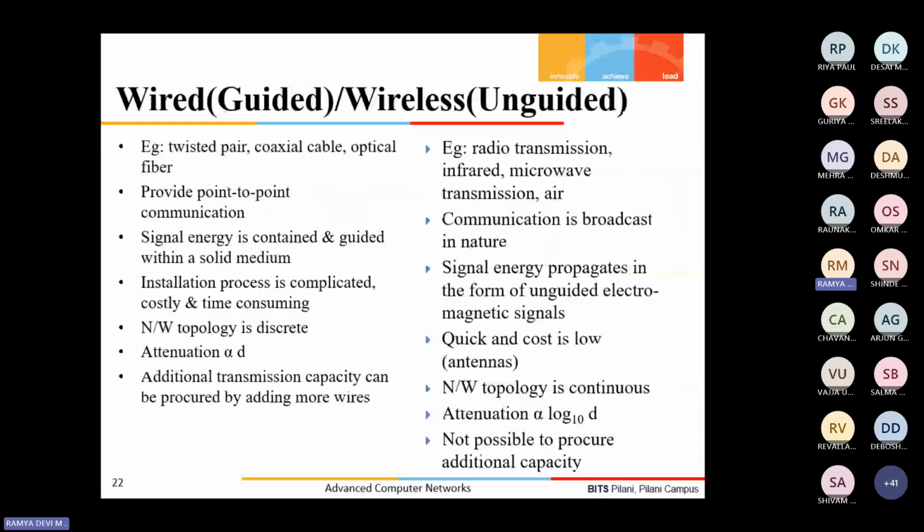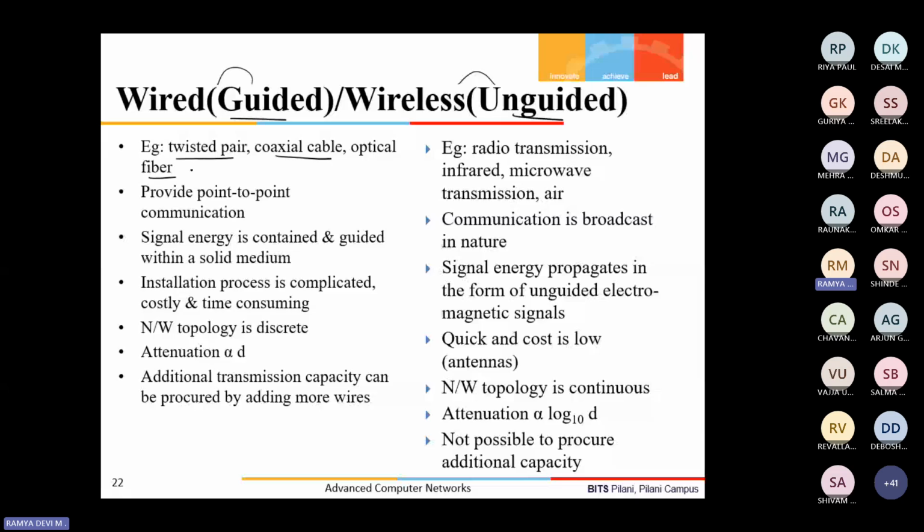The types of medium: guided medium and unguided medium. Guided is also called wired, and unguided is called wireless. Guided media are physical cables. The three main physical cables are twisted pair cable, coaxial cable, and fiber optic cable.